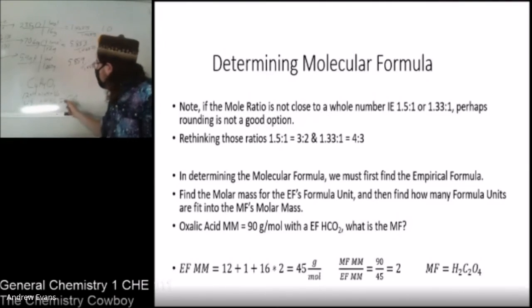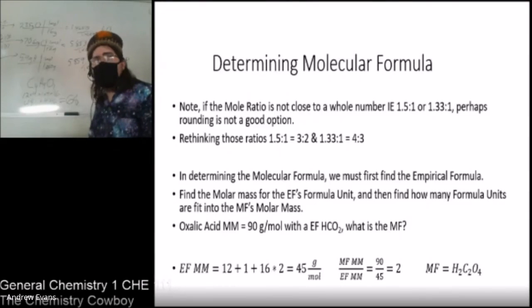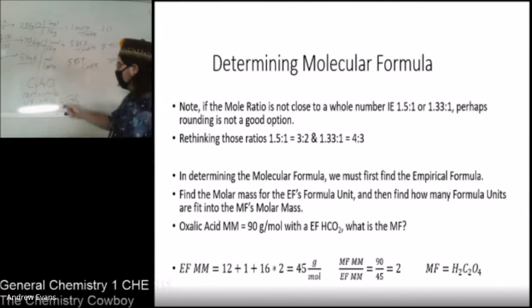If I gave you the molar mass of the compound was 136, you go 136 divided by 68 is 2. So you'd multiply the whole thing by 2. If I did it like 204, you'd say 68 goes into 204 3 times, and you'd multiply that whole thing by 3.